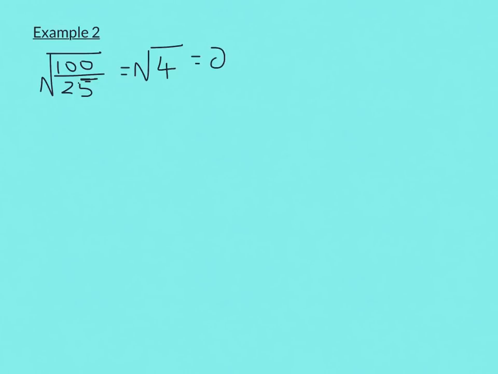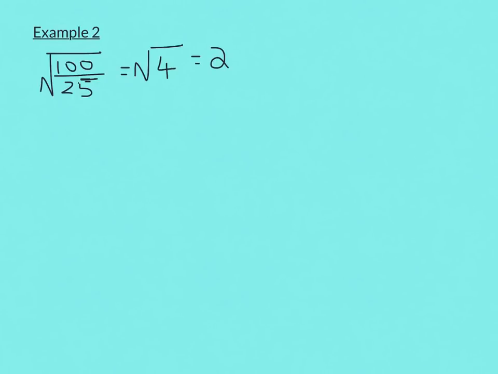Let's look at another example looking at a quotient. For example, if we have the square root of 100 divided by 25, we know that the radicand can be simplified to square root of 4, and that gives us a 2.